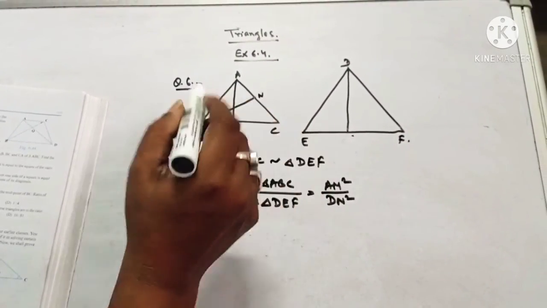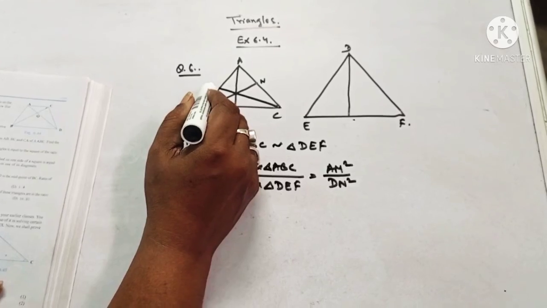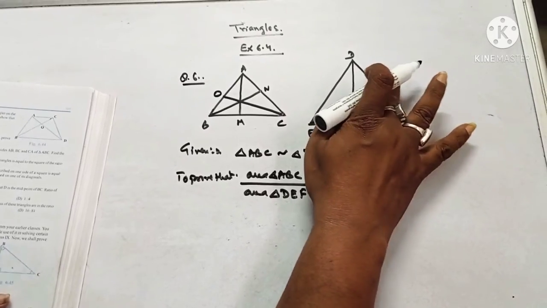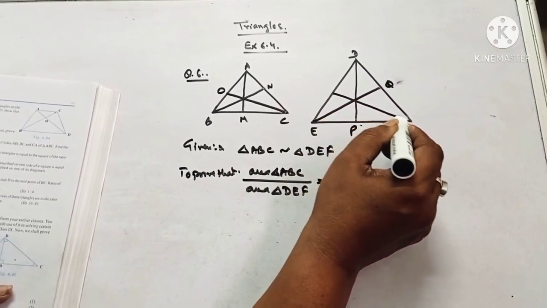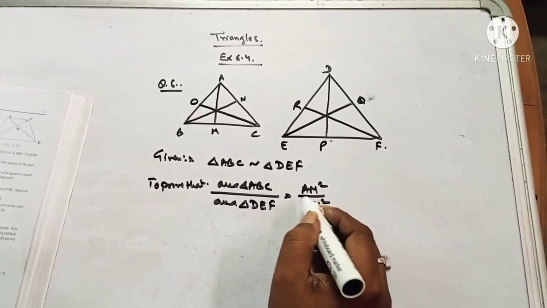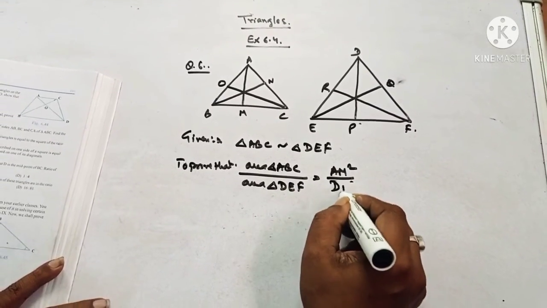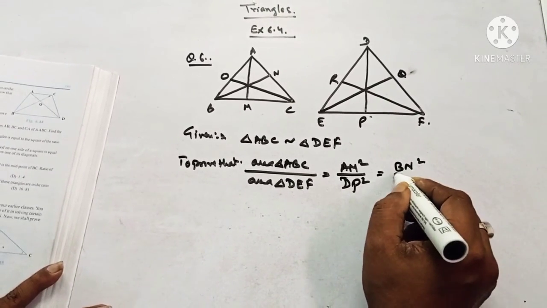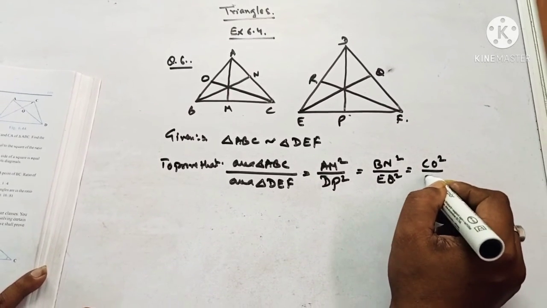M, N, and O, and here P, Q, and R. So actually I have to prove this statement: AM square by DP square is equal to BN square by EQ square is equal to CO square by FR square.